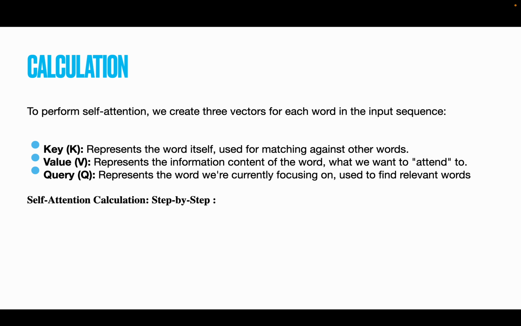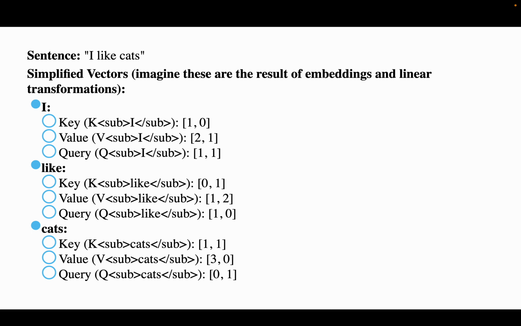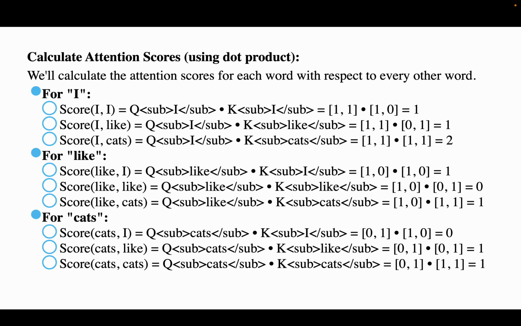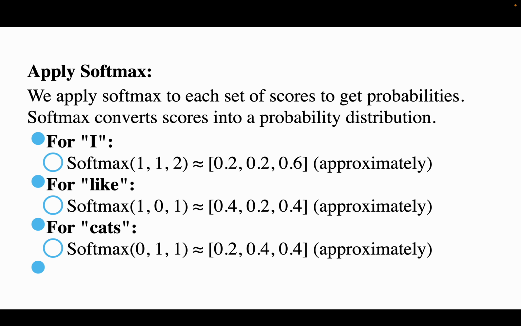Now see what we do. We combine here. We have seen there is key, value and query, right? So we have found the attention score, we found the softmax.